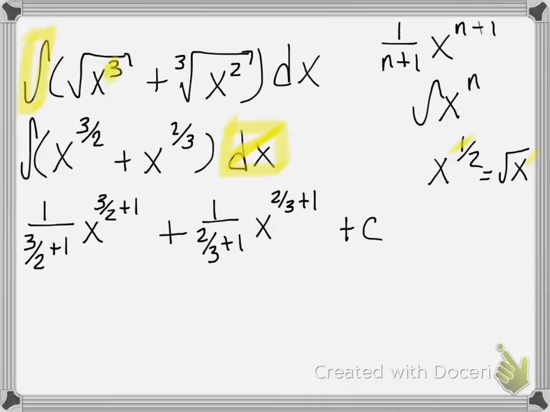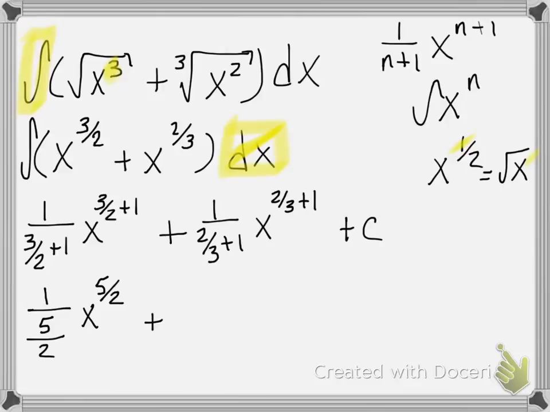Alright, so now you can rewrite it as 1 over 3/2 plus 1. 2 over 2 is equal to 1, so that's going to be 1 over 5/2, because our denominators stay the same in addition, and we just add the top numbers. And that's going to be x to the 5/2, because it's the same thing.